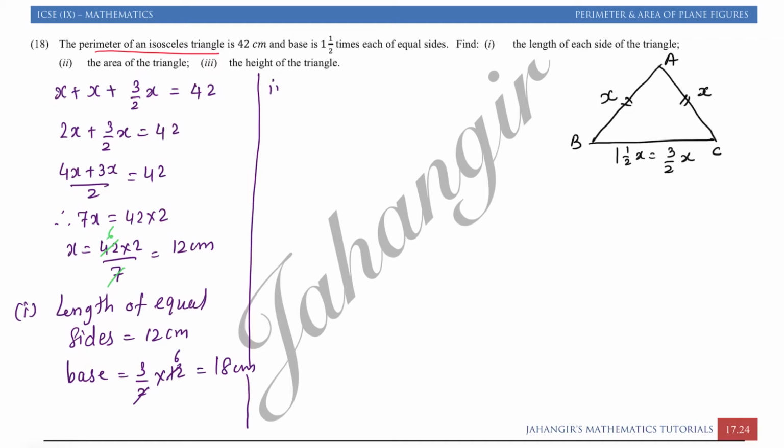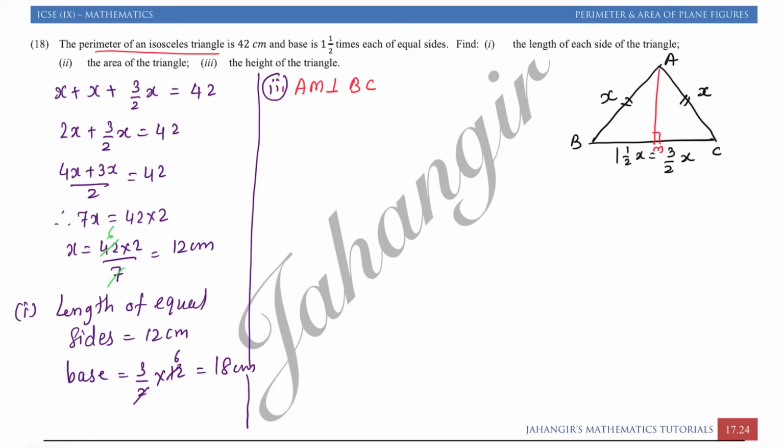Now the second part, we want area. The area we can find by finding out the height first. The height can be found out using Pythagoras theorem. So let us find the height first. We will draw AM perpendicular to BC.